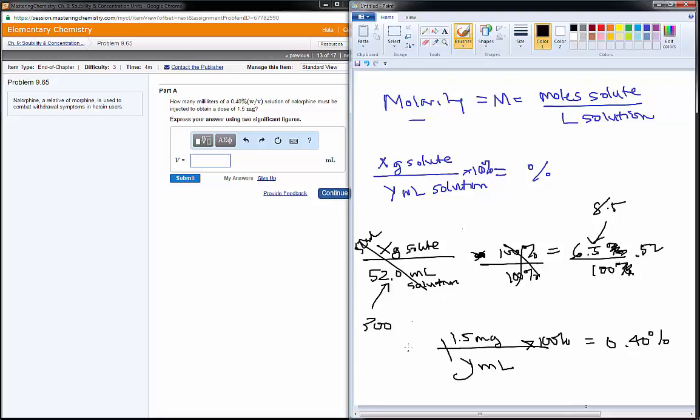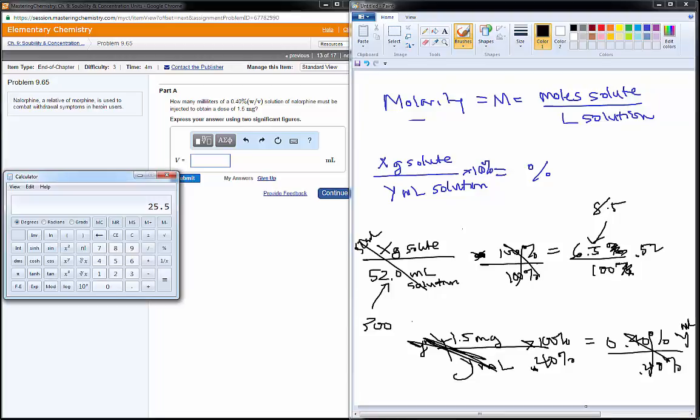What I'm going to do is multiply both sides by y so that those will cancel, and this gets to be on top, and divide both sides by 0.40%. So now y milliliters is on top and it's by itself. I can plug this in and get 1.5 milligrams multiplied by 100% divided by 0.4% gives me a 375 milliliter solution.